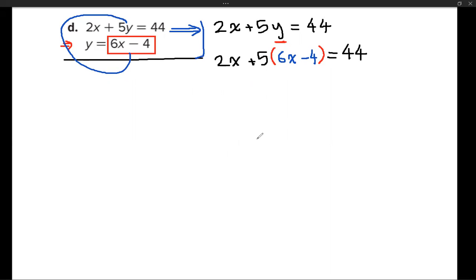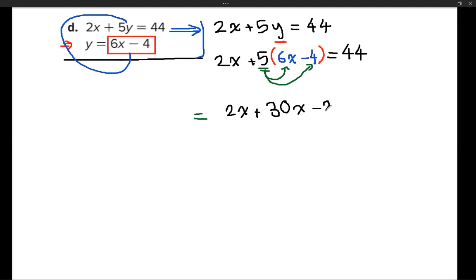So the same steps as before, just distribute the multiplication over the factors between the parentheses, and then we have 2 times x plus 5 times 6x, which is actually 30x, plus 5 times negative 4. How much is it?